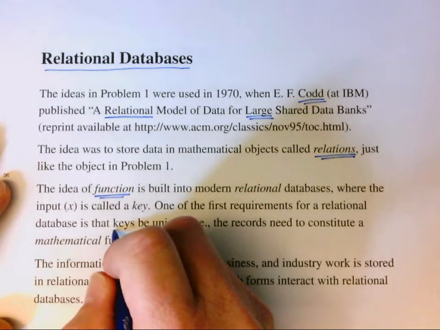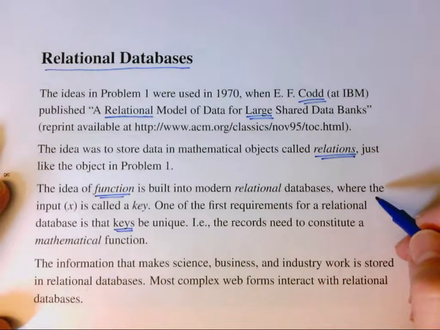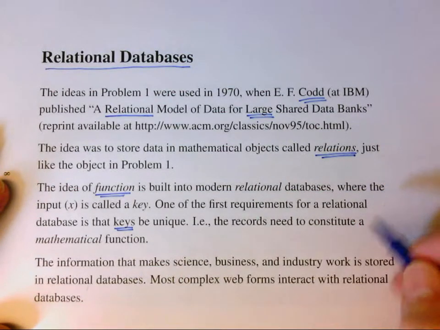Typically, the function related the keys, because in a function each input can have exactly one output. That meant that you could always trace through the keys to find exactly one thing. This one revolutionary idea has made most of what we call the information revolution possible.